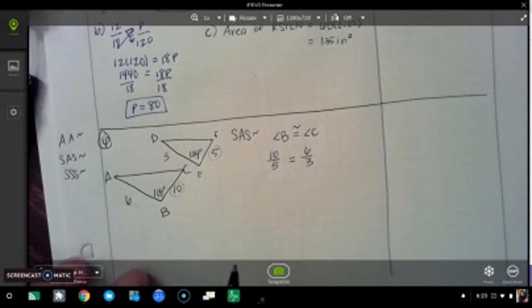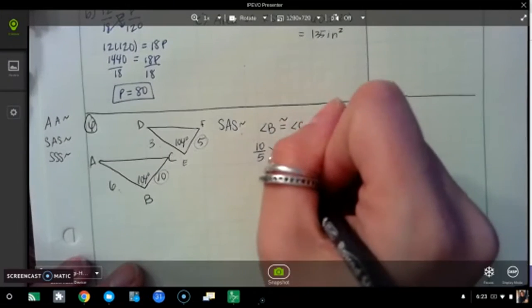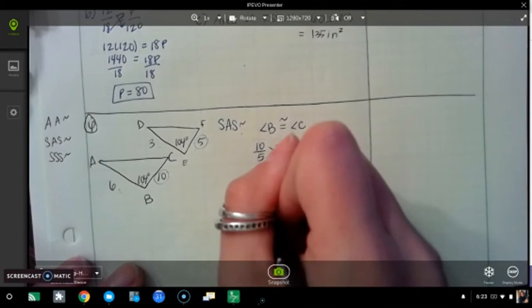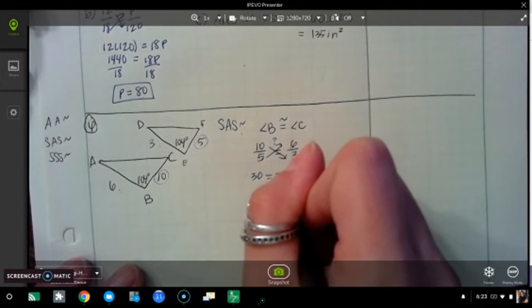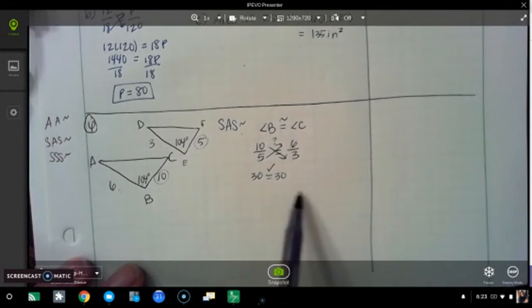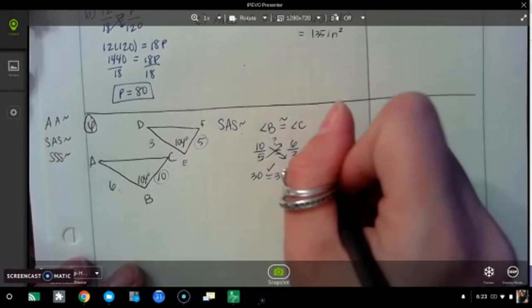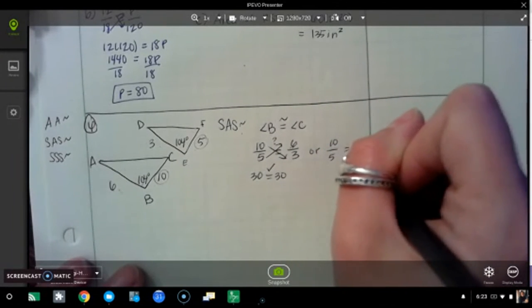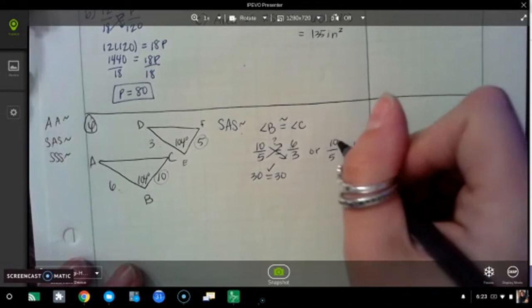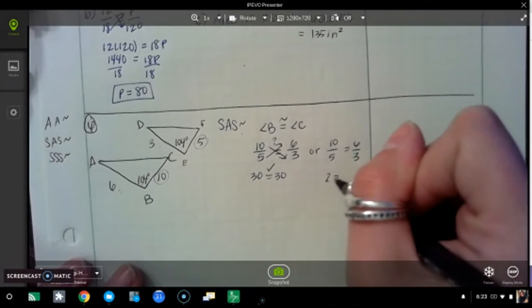Well, we can do this two ways, I guess. Cross multiply. So 5 times 6, that gives me 30, right? We're asking, is that so? So 30, does that equal 30? Yes, that is one way of showing that they're proportional. Or another way we could have shown it is 10 over 5 equals 6 over 3. Make them into fractions. So 10 divided by 5, well, that gives me 2.